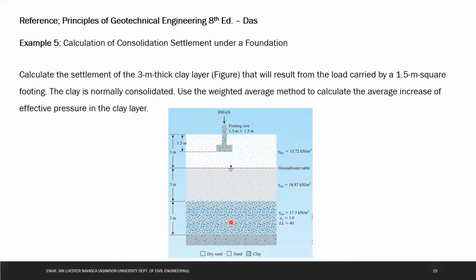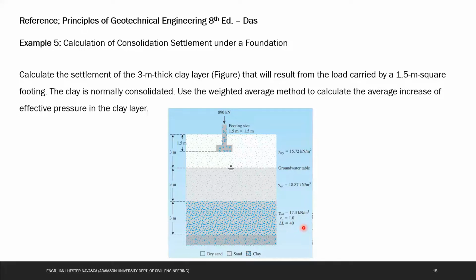And again, we have a 3 meter thick clay layer with a saturated unit weight of 17.3, an in situ void ratio of 1.0, and a liquid limit of 40.